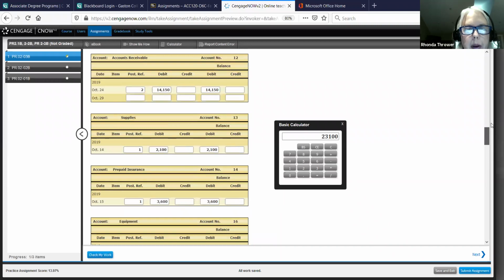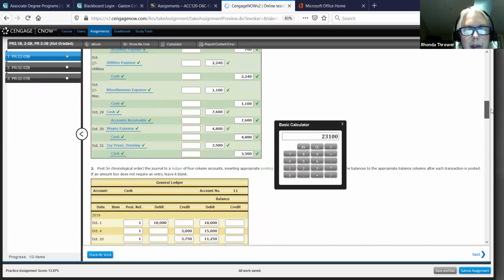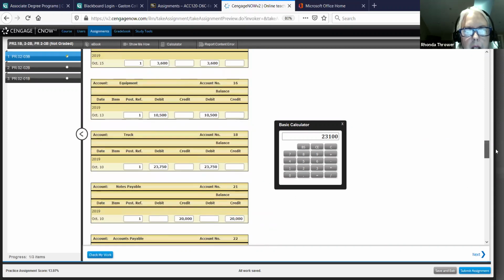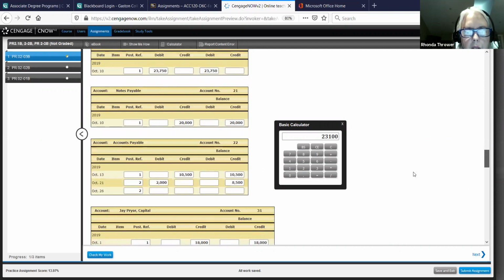Our accounts payable at 700 was credited. So move to accounts payable, and we'll put a credit of 700 here. And I'm going to take the previous balance of 8,500. I'm going to add to it 700. And I got a new balance at 9,200.